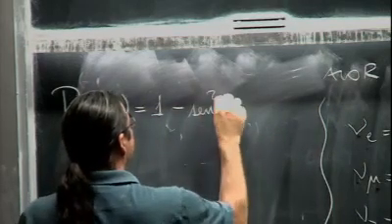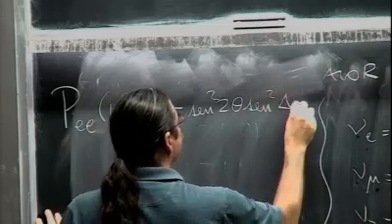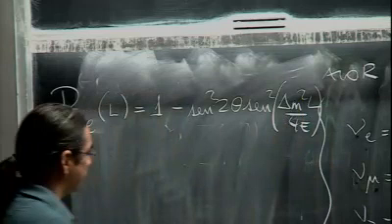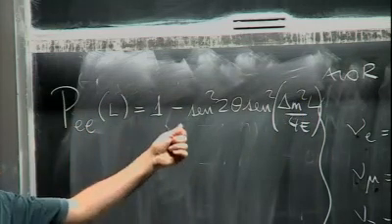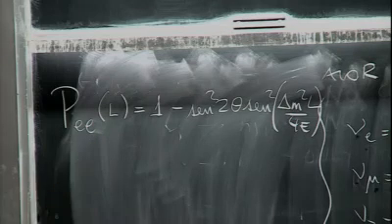This is a sine squared of 2 theta. And then this is sine squared of delta m squared L over 4E. Okay, so now that we've learned this, we know that it's possible to be born an electron neutrino and be detected as an electron neutrino with less than 100% probability.